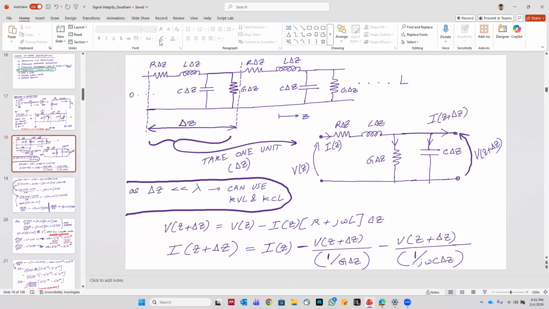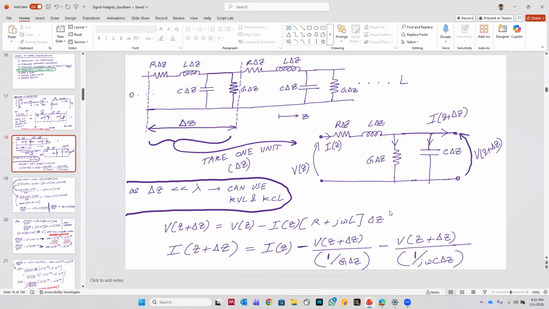If I take any location Z, and the element at that location has a length of delta Z, then the voltage at one side can be written as V of Z, and on the other side is V of Z plus delta Z. Similarly, the current at this side is I of Z, and the current at this side is I of Z plus delta Z, okay?